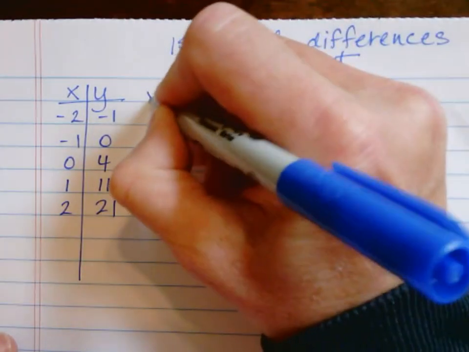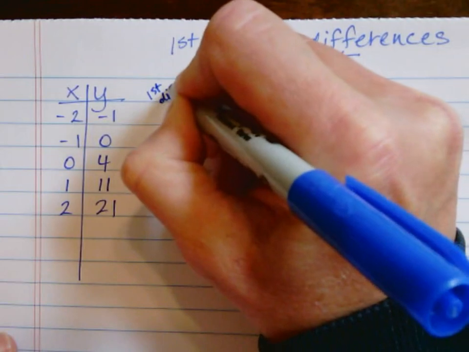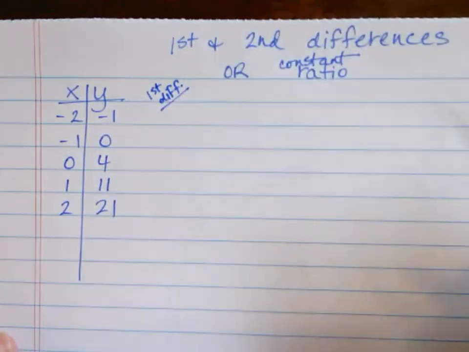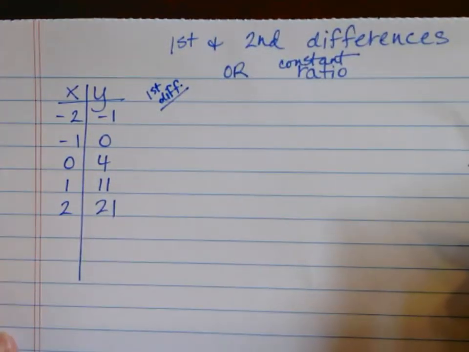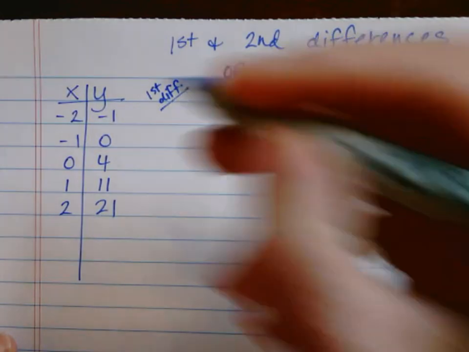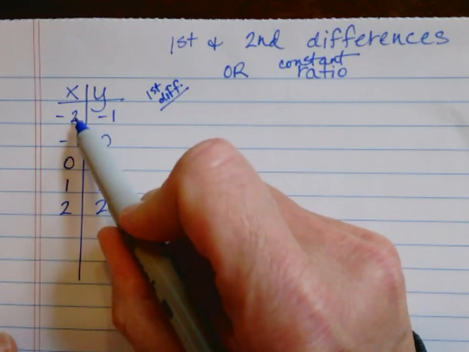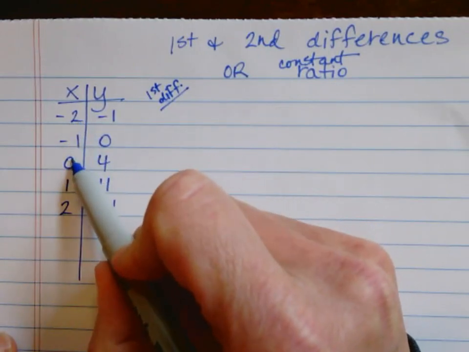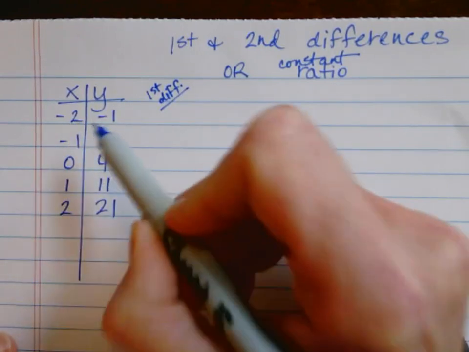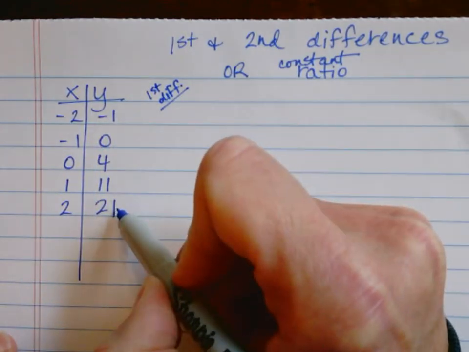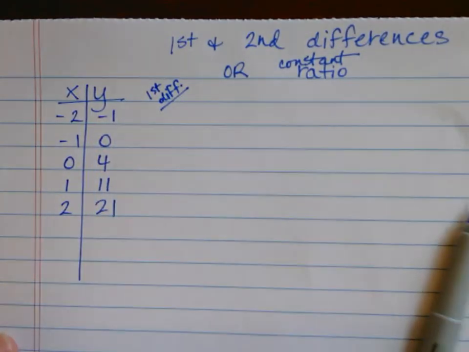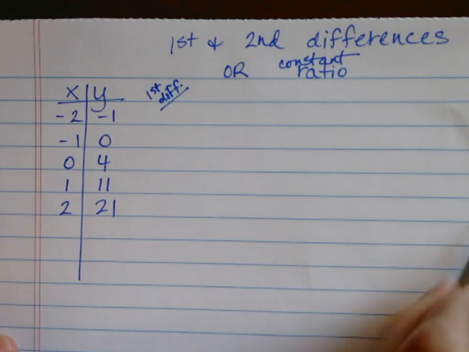The first difference is what we've done in the past to find a constant rate of change or a constant difference. So I notice that my x values increase each by 1, so I can easily just look at the first differences to see if this is linear.